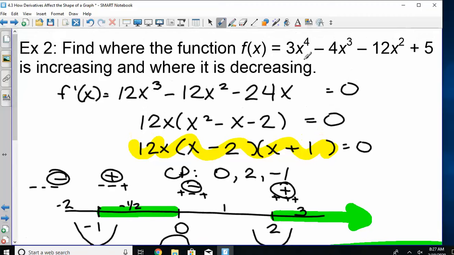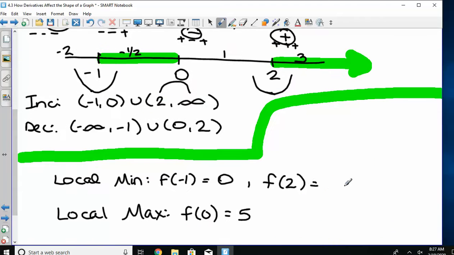Okay, if I plug a 2 into this, 2 to the 4th, 16 times 3 is 48, minus 8 times 4 would be 32, minus 4 times 12, 48, plus 5, so those cancel, negative 32 plus 5 would be negative 27.